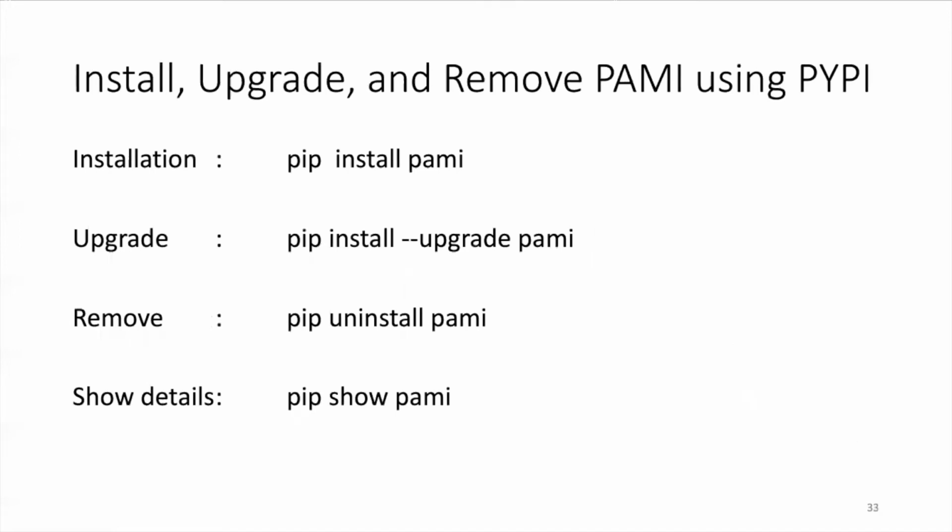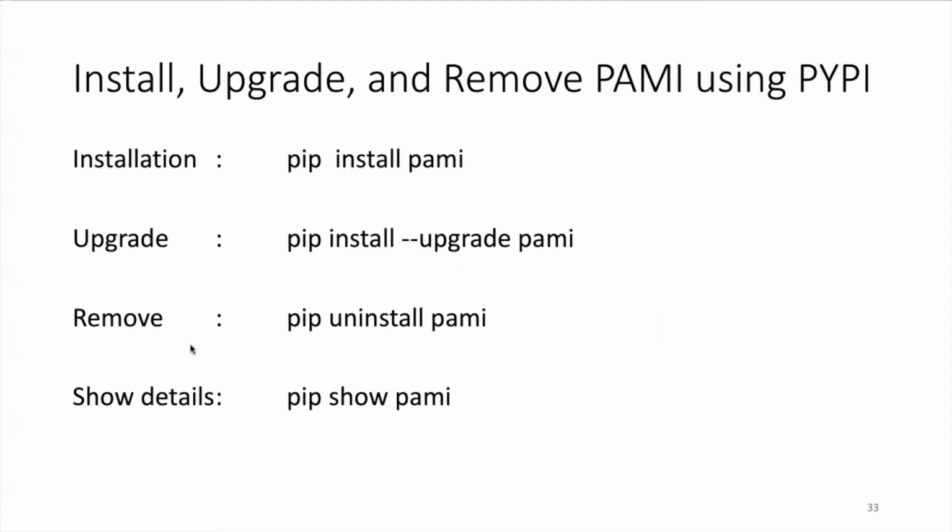So these are the simple commands that user has to execute. Just users can say pip install PAMI to install the Python pattern mining repository. If you want to upgrade the PAMI library, please simply say pip install --upgrade PAMI.